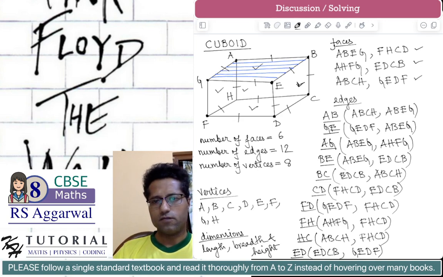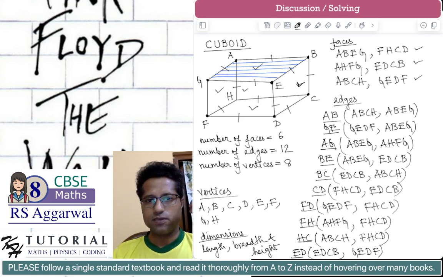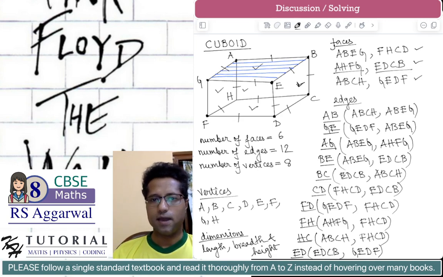Now also remember one more thing, there are the lateral faces. The faces A, H, F, G, and its opposite face E, D, C, B, and the other two opposite faces.